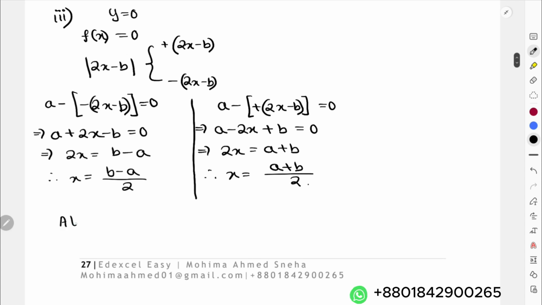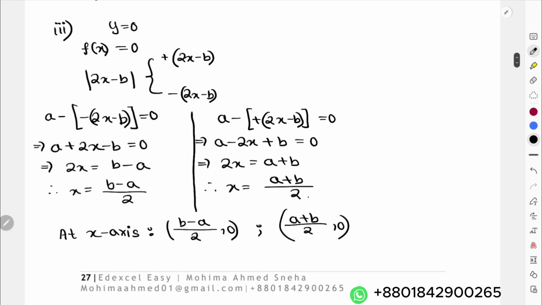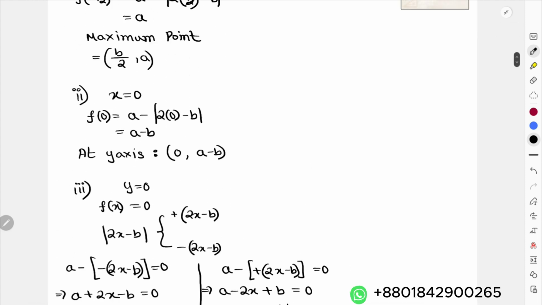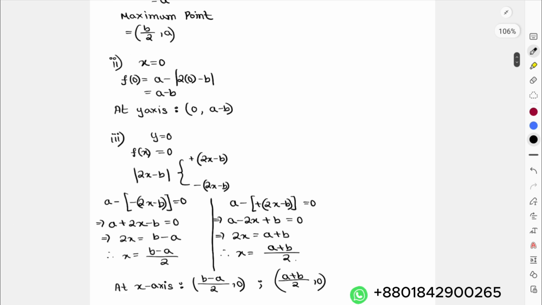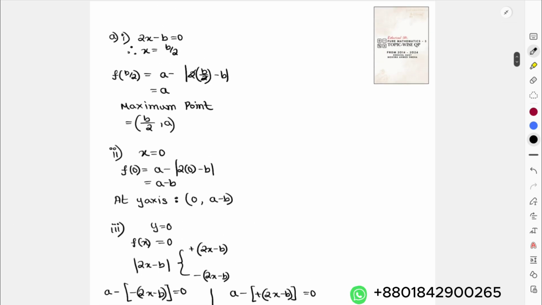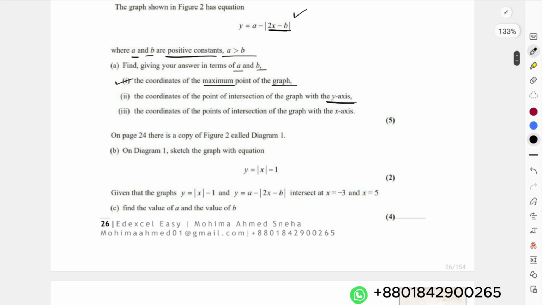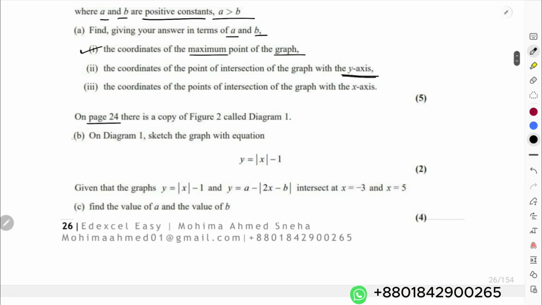So the x-axis coordinates are b minus a over 2 and 0, and the other coordinate is a plus b over 2 and 0, right? So this is your part 1, 2 and 3. We are done with your coordinates calculation. Then after this, if we move on to your part B, where it is stated that on page 24, there's a diagram of figure 2 again, and on that you have to draw this graph, okay?